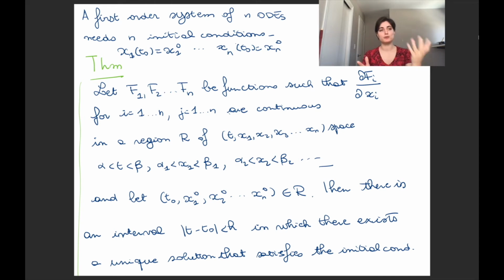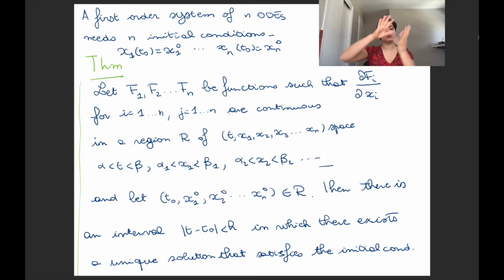So in here, we have a partial derivative of f1 with respect to x1, but also f1 with respect to x3. And we want them to be continuous, all of them, on a region R in the space t, x1, x2, x3 down to xn, such that we have a bound for t between alpha and beta, a bound for x1 between alpha 1 and beta 1, a bound for x2, and so forth.